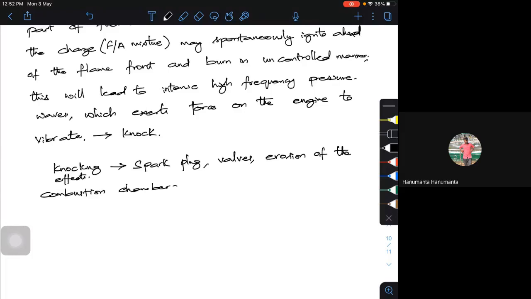Okay, so when the erosion of the combustion chamber takes place, what will happen? This will become rough.